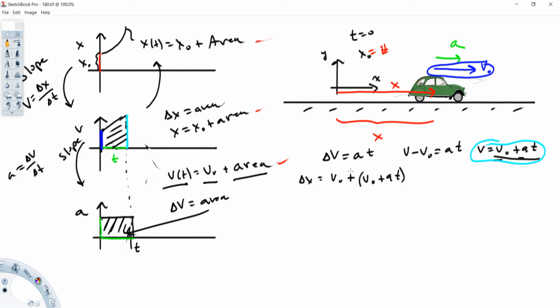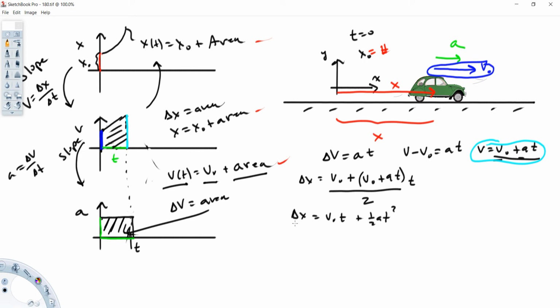I'm going to put that in parentheses because it's left plus right divided by 2. And then times the width, t. And it's pretty easy to distribute this and simplify. This ends up equaling v initial times t plus 1/2 at squared.